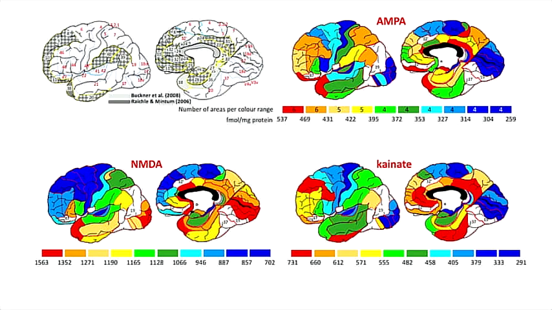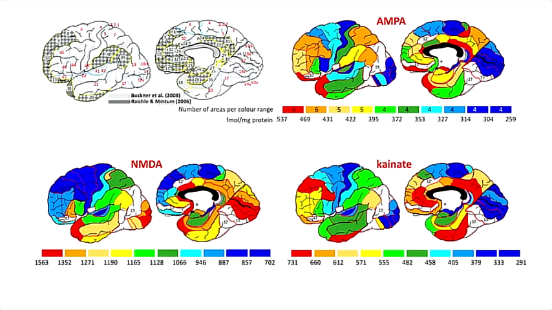You will not see very much a general tendency, except perhaps this low density of the kainate receptor in the motor cortex, area 4, area 6, and parts of area 8, and the very low density also in the primary visual and the primary somatosensory cortex and the primary auditory cortex.